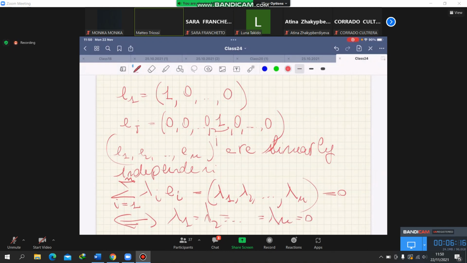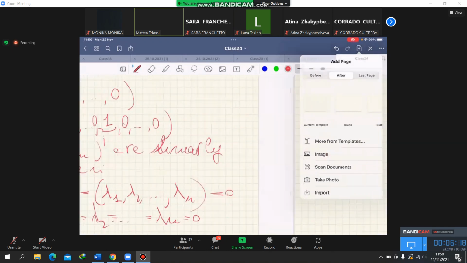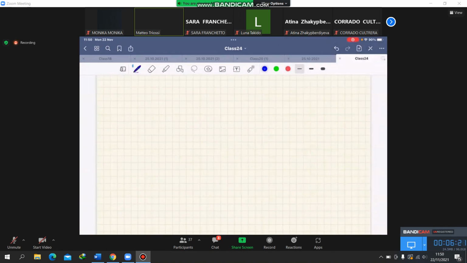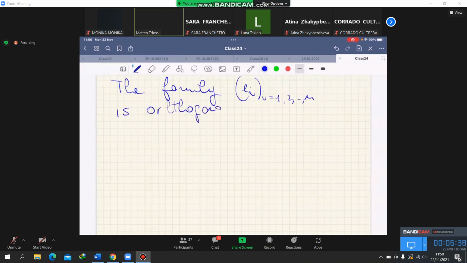Also, what do we have? The family Ei, i equal 1 to n, is orthogonal, because the scalar product between Ei and Ej is equal to what?